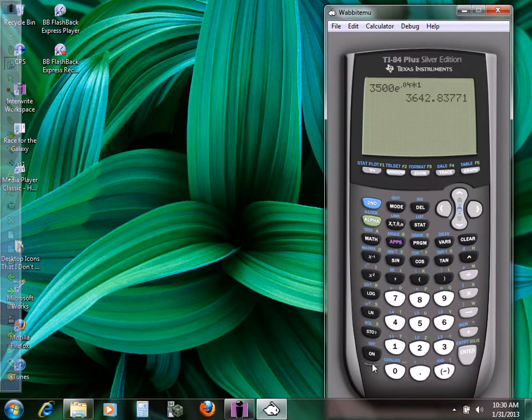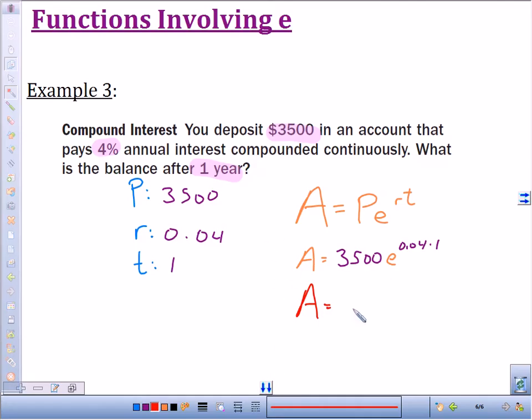Hit enter, and we're told that the amount is 3642.84, rounding it to the nearest cent. So 3642.84 is the amount of money that would be in the account, if the interest is accruing and it's not leaving, after 1 year if interest is compounded continuously at 4%.